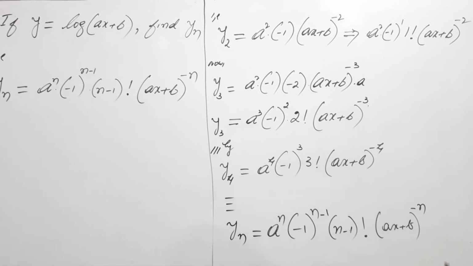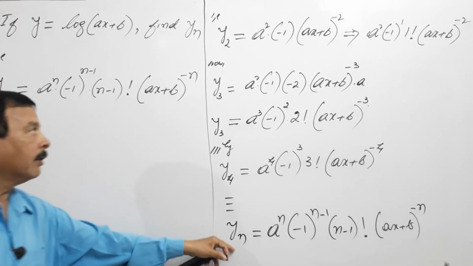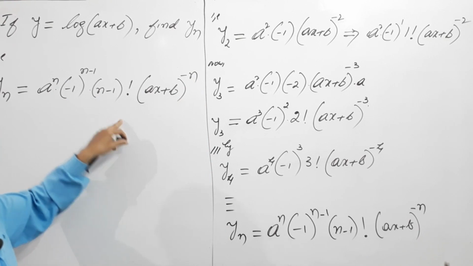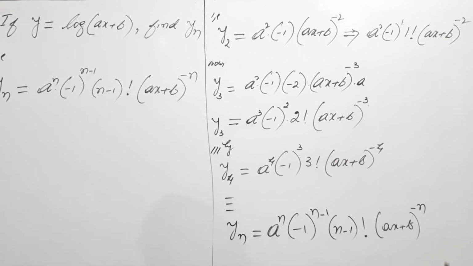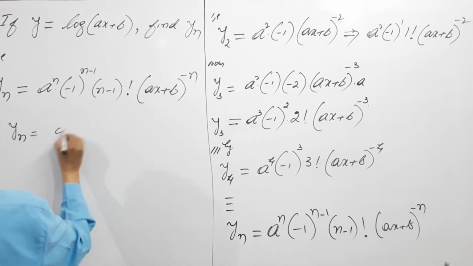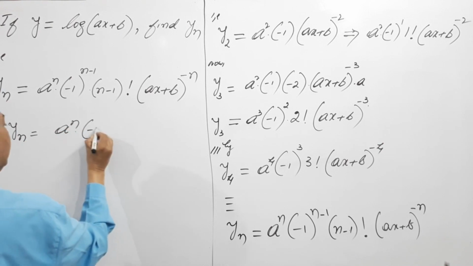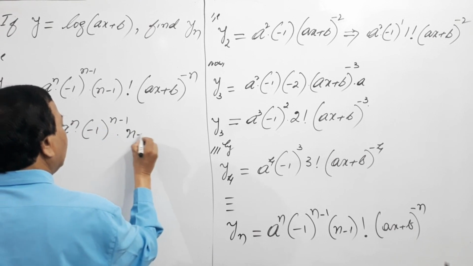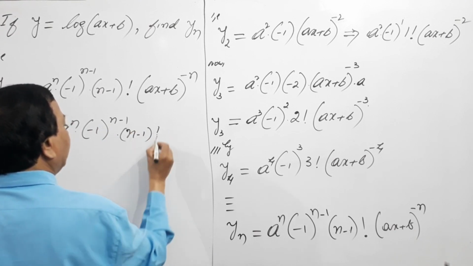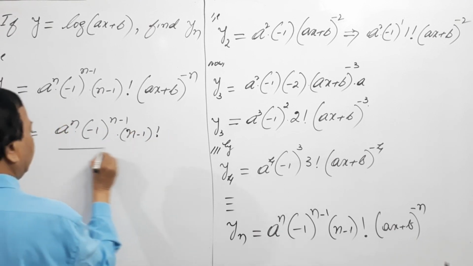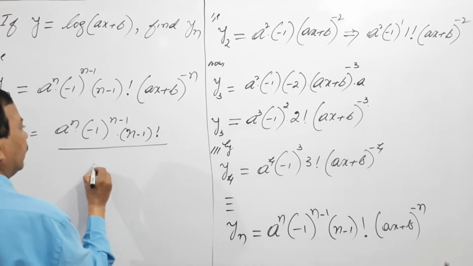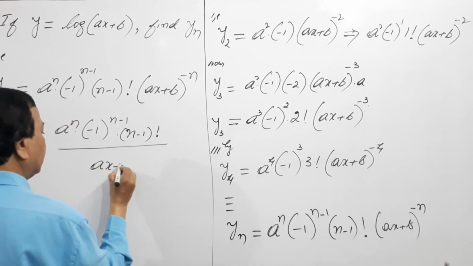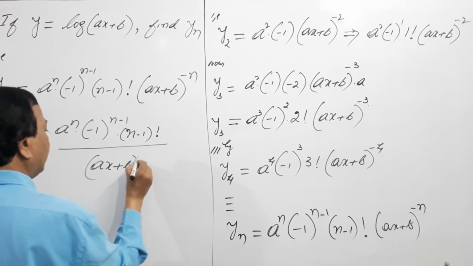Now we will rearrange this, give a proper shape for this. So yn will be a to the power of n into minus 1 to the power of n minus 1 into n minus 1 factorial, divided by, I will send this to the denominator, ax plus b to the power of n.